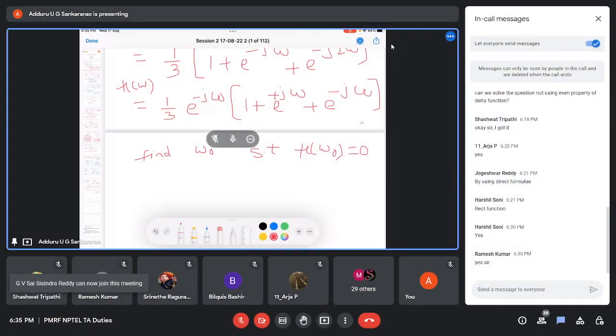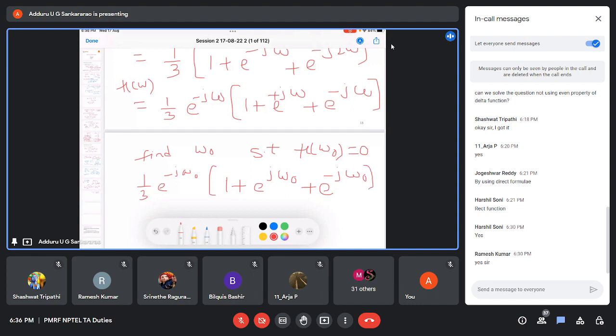So let me replace omega with omega naught: 1 by 3 e power minus j omega naught into 1 plus e power j omega naught plus e power minus j omega naught equal to 0. We need to solve this equation to find omega naught.